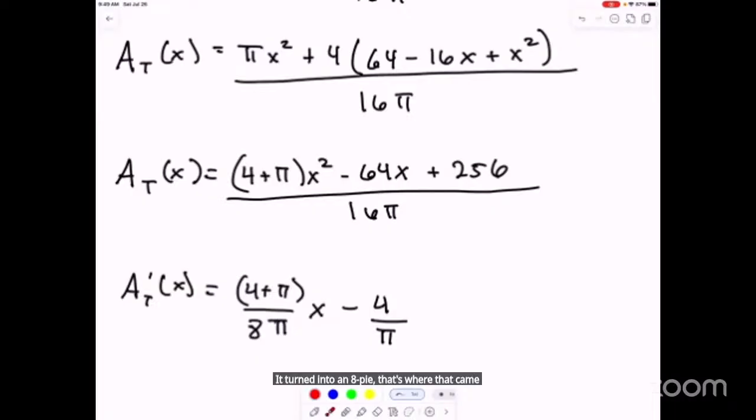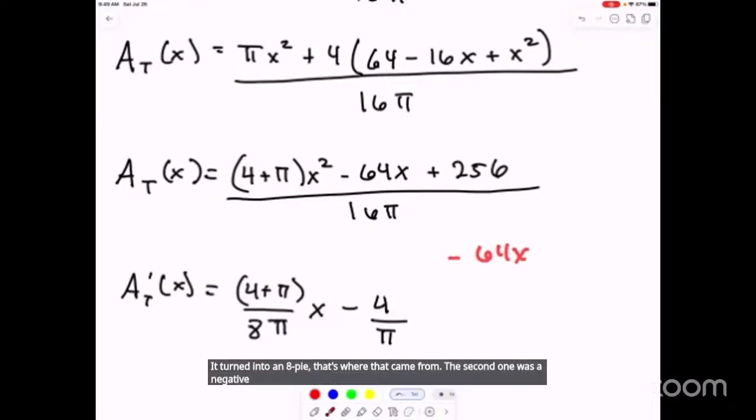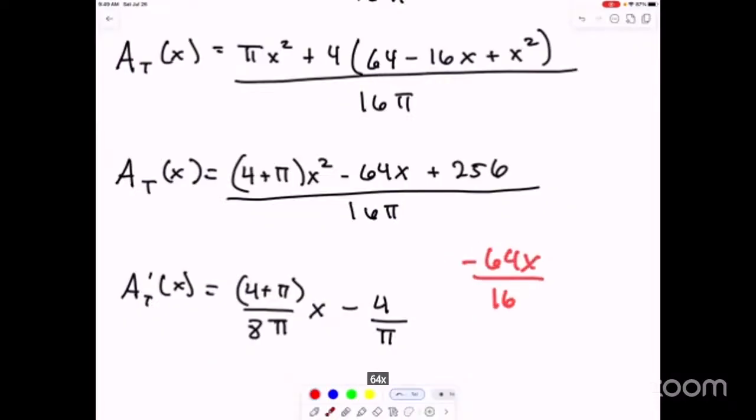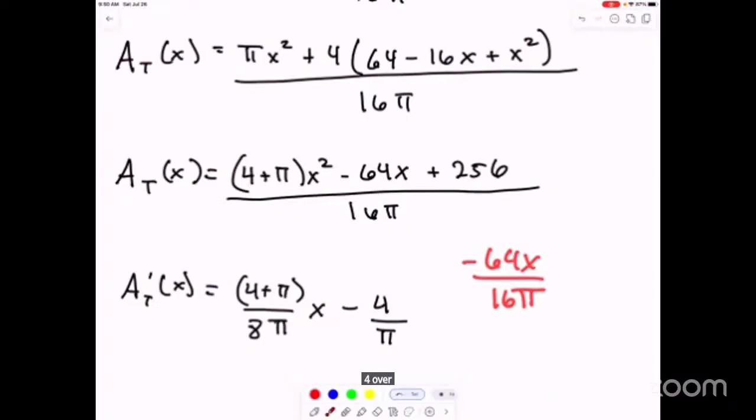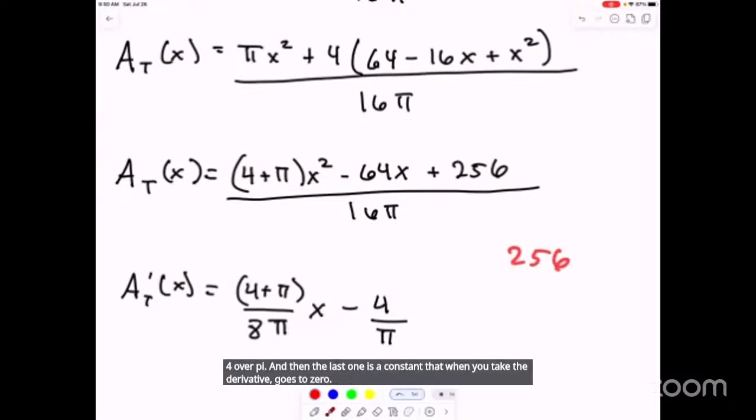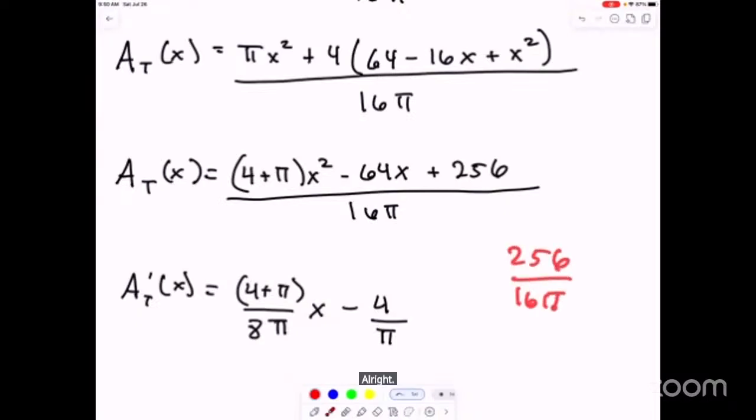The second one was negative 64x over 16 pi. When I take the derivative, I'm left with negative 64 over 16 pi, which reduces down to 4 over pi. And the last one is a constant, which when you take the derivative goes to 0.